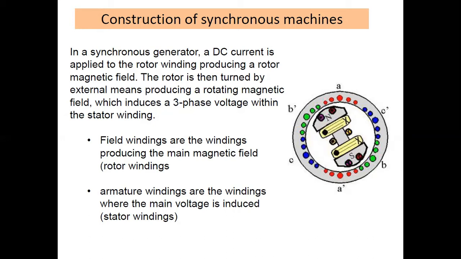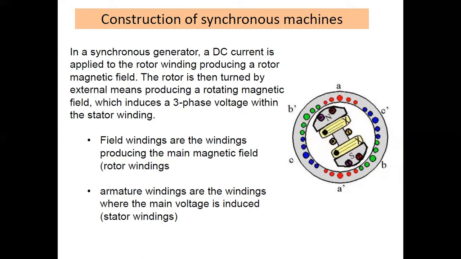As we all know, synchronous generator has two basic constructional parts. One is stator winding and the other is rotor winding. On the rotor, the field winding is placed, which is given a DC current, either from permanent magnets or from an external source. The armature winding, through which we will extract the electrical power, is placed on the stator.